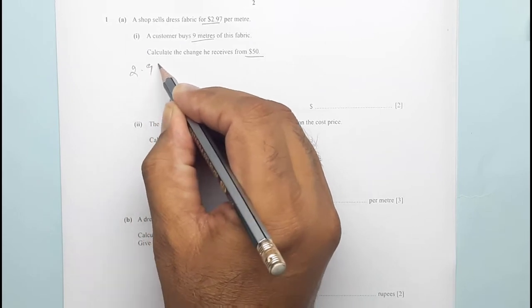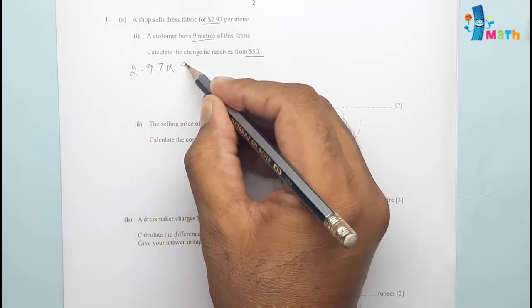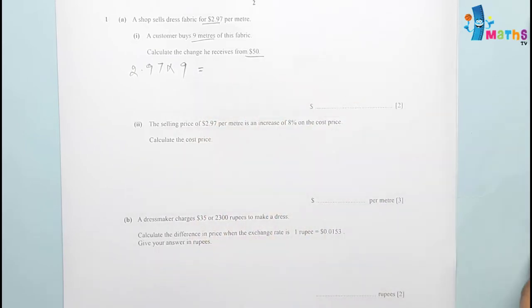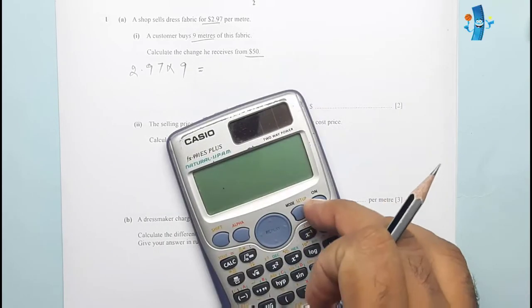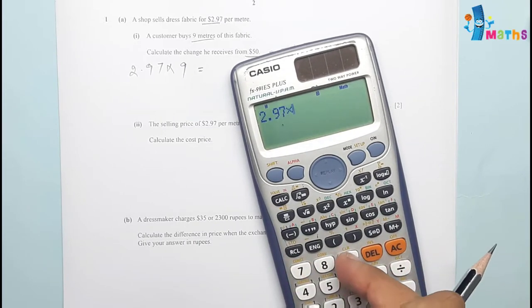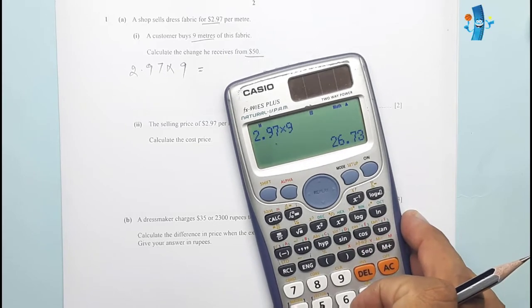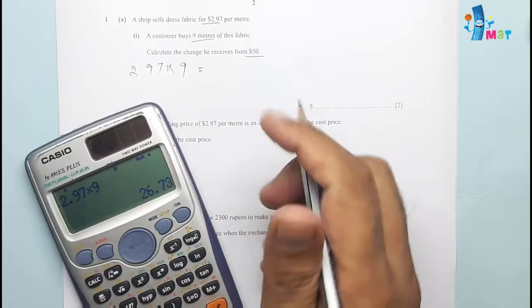So 2.97 multiplied by 9 meters will be equal to 26.73.